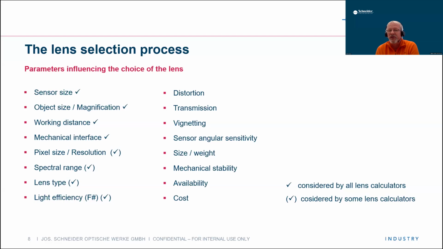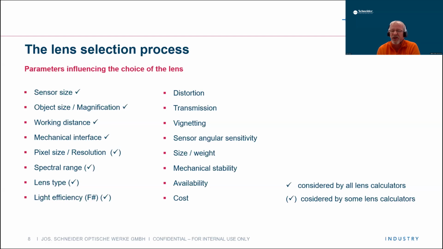Some of them choose the lens according to the required resolution, some don't. The spectral range is important. We have heard it in the talks before. You need special lenses for special spectral ranges. Some of the tools ask for that, some don't. With lens type, I mean, you may need a zoom lens, you may need a telecentric lens.